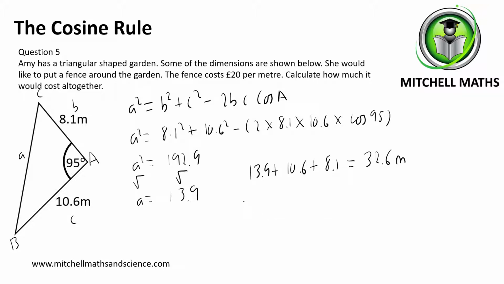To find the cost, I do 32.6 times 20 because it costs £20 per metre. So I need to times the cost by the number of metres I need to put the fence round. And that comes to £651.80. And that's how to do that question. That's how to find the cost to put a fence around the garden.